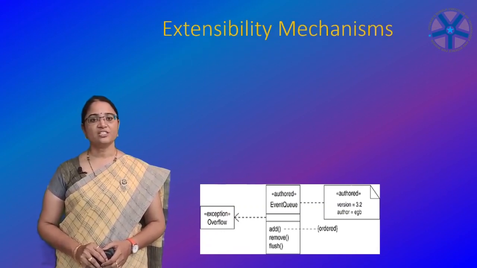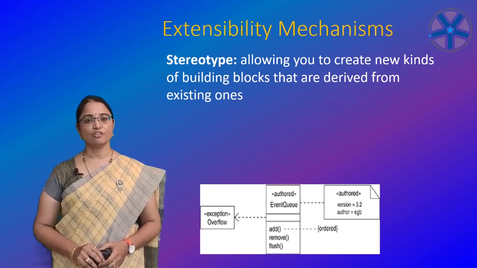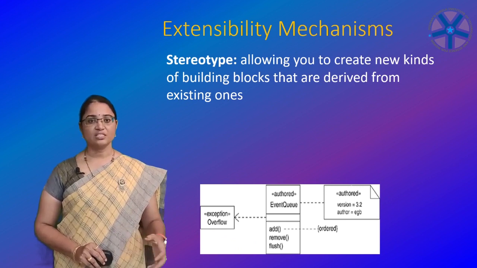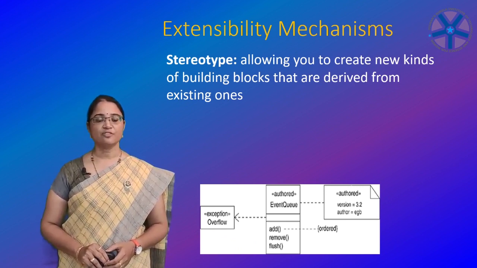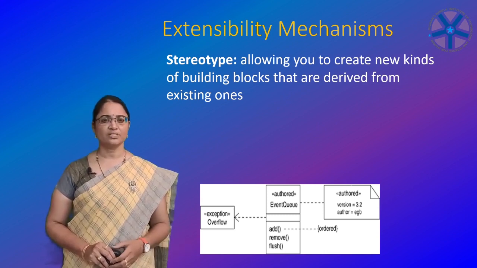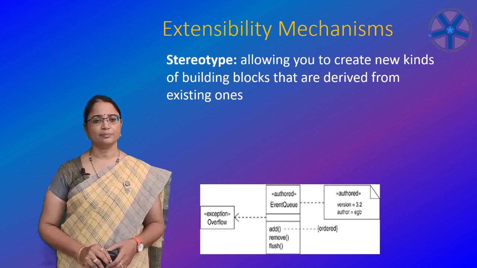A stereotype extends the vocabulary of the UML, allowing you to create new kinds of building blocks that are derived from existing ones, but that are specific to your problem. For example, if you are working in a programming language such as Java or C++, you will often want to model exceptions.